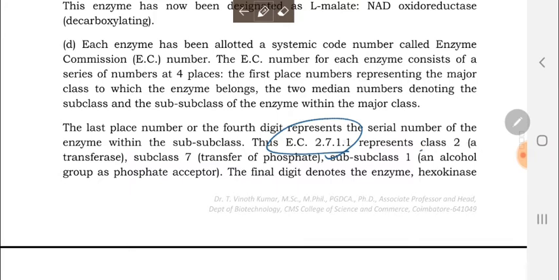The first digit, 2, represents class 2, which means a transferase, the major type. The second digit, 7, is the subclass, and the last one represents the final name, that is hexokinase. This is very simple, and also very important from the examination point of view.